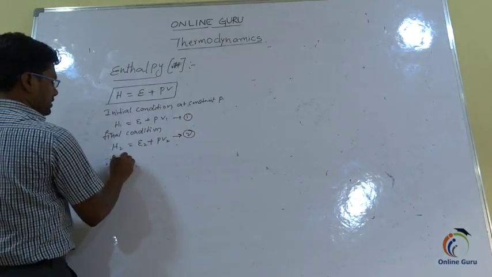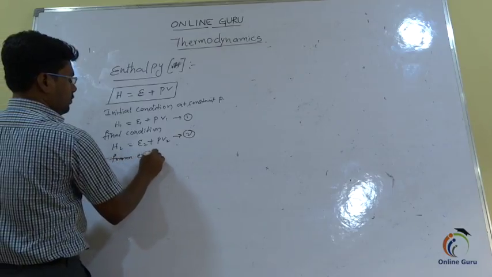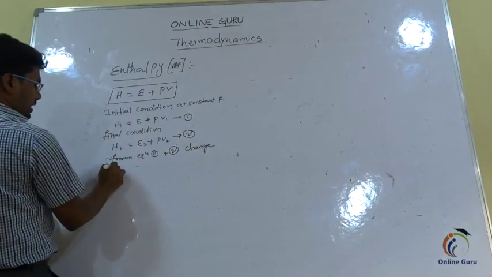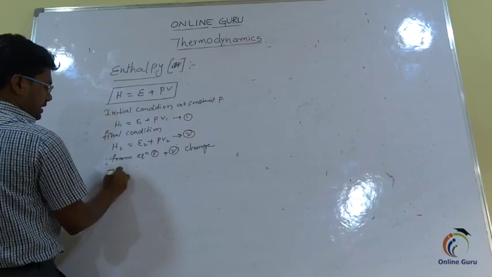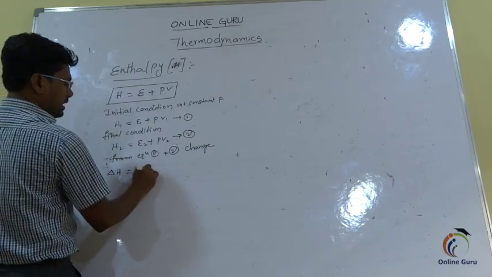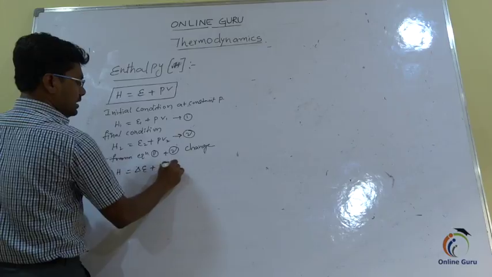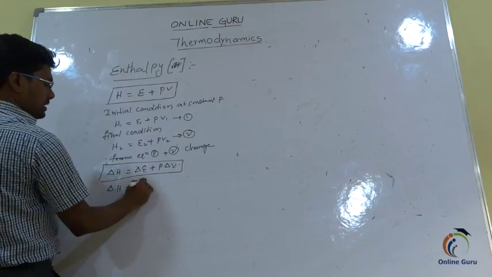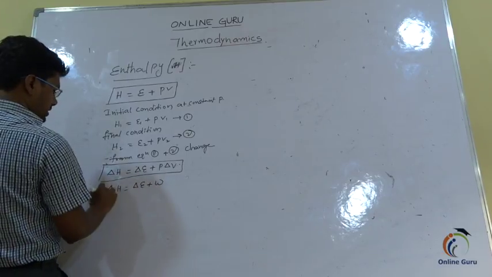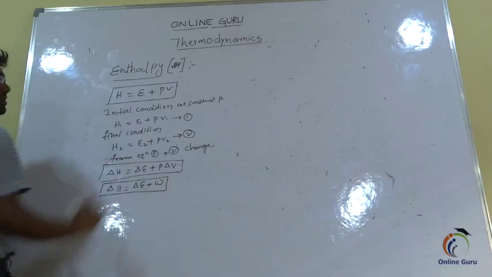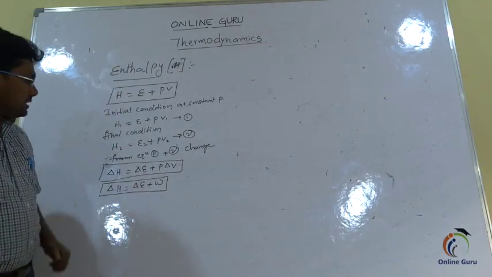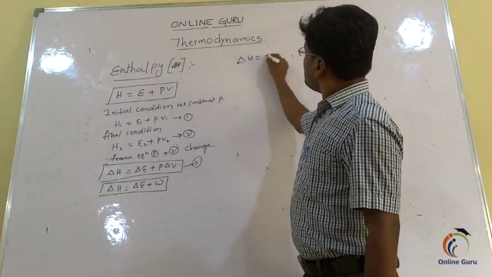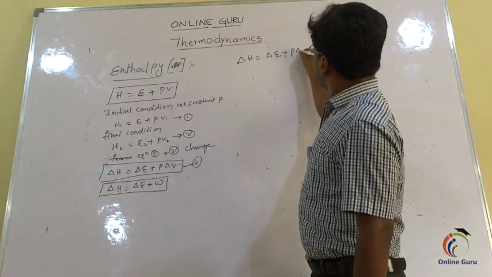From equations 1 and 2, the change we can write: H2 minus H1 gives delta H, and it is delta E plus P delta V. Here delta H is equal to delta E plus W, because we already know that W is equal to P delta V. From equation 3, delta H is equal to delta E plus P delta V.